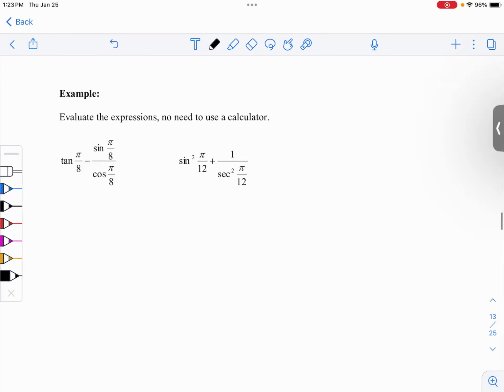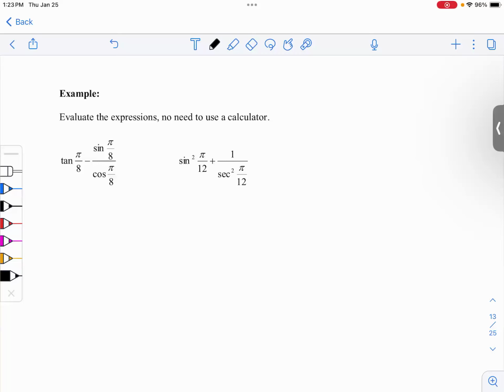Okay. Along those lines, now we're going to talk about how to use our calculator either later or next class. But using reciprocal identities, we can solve things that look really complicated very quickly. Tangent of pi over 8.